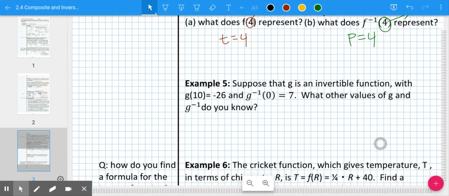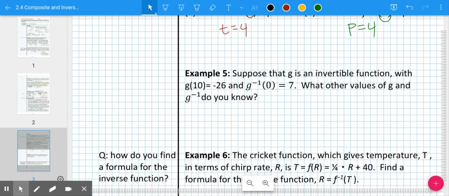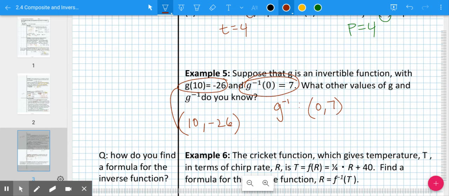For example 5, if we're working with an invertible function and we know on the function g, we have the point (10, -26), and on the function g inverse, we have the point (0, 7), then we know two other things. We know that xy points always get reversed for an inverse.